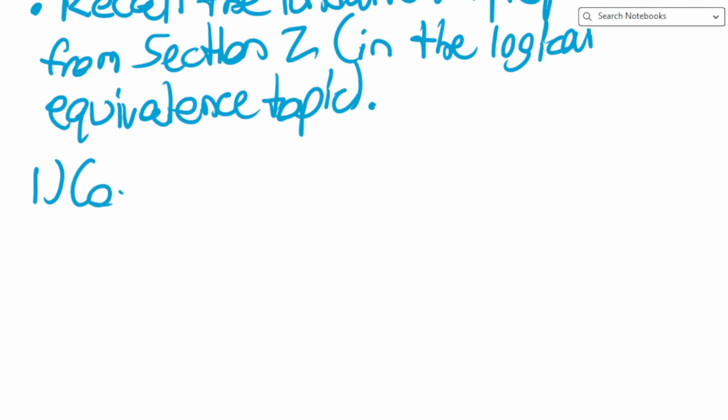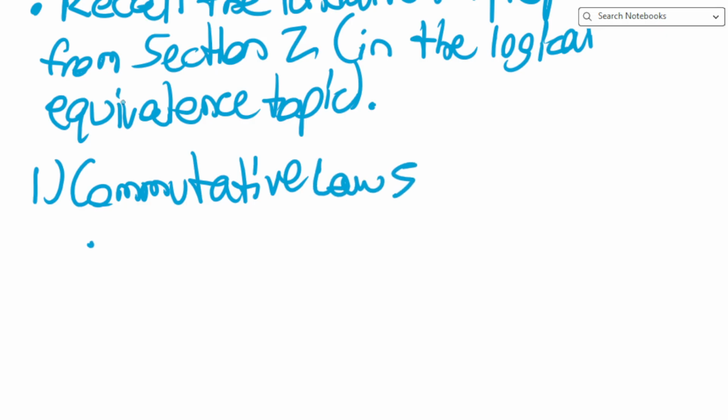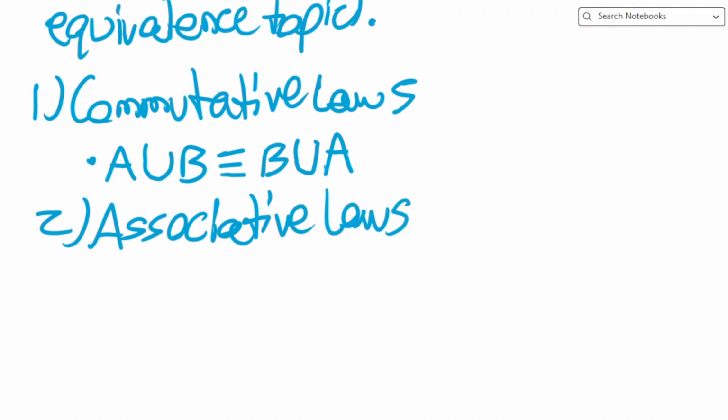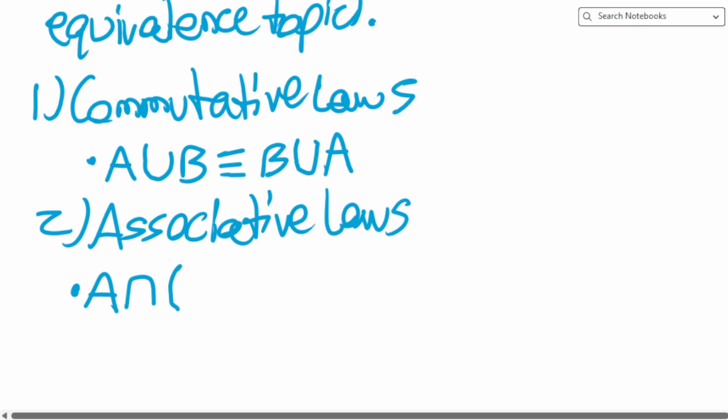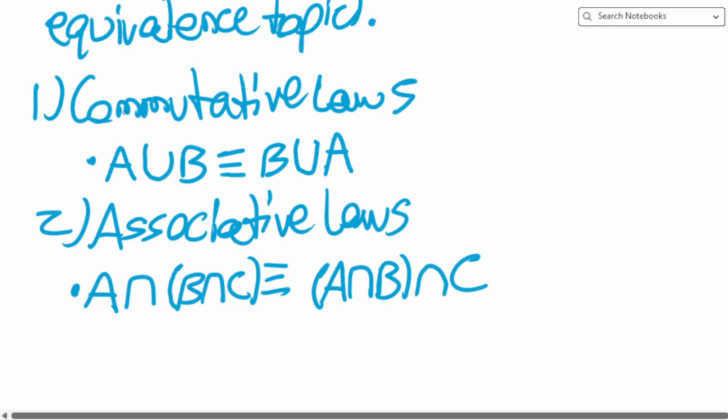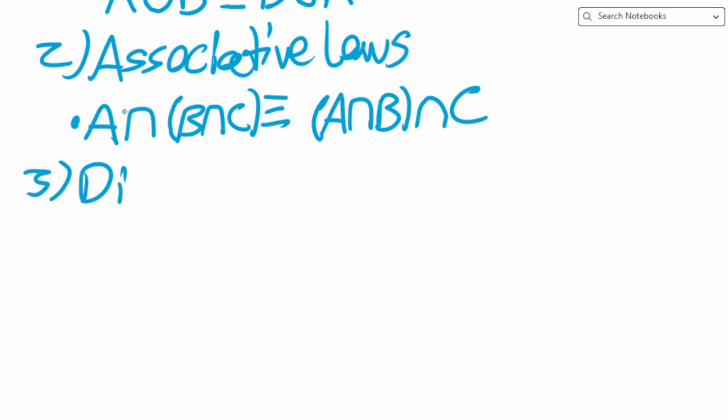We had commutative laws such as A union B is logically equivalent to B union A. We had our associative laws, so A intersection of B intersection C is logically equivalent to A intersection B, intersection C. Then we have our distributive laws.